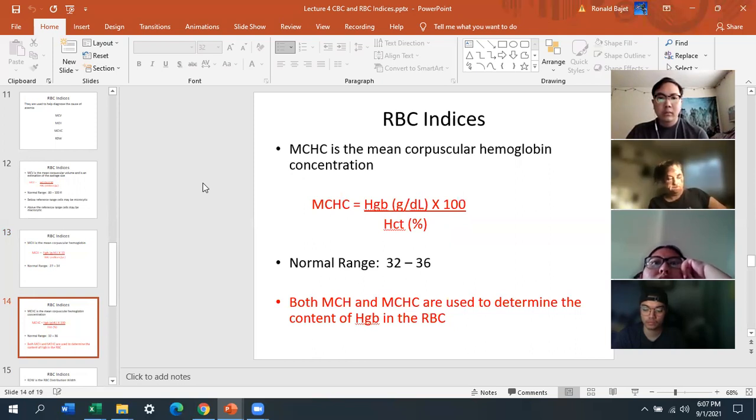And MCHC is equal to hemoglobin times 100 divided by hematocrit. Both the MCH and MCHC are used to determine the content of hemoglobin in the red blood cell. Okay, MCHC is the total hemoglobin, whether it's oxygenated or not, and the MCH is oxygenated hemoglobin.